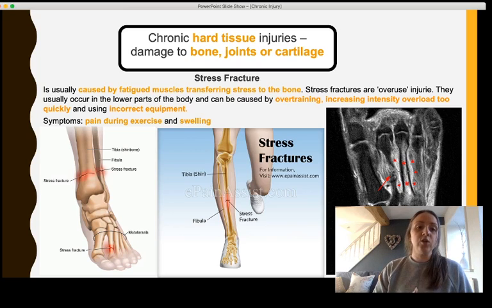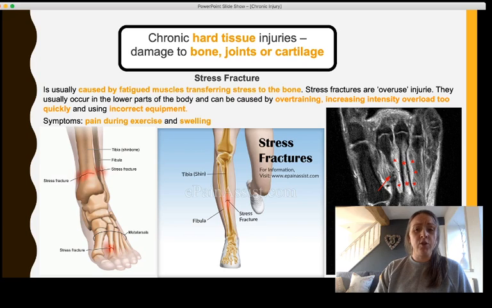They're usually caused by fatiguing muscles that transfer the stress onto the bone, and that comes through overuse and repetitive strain. They usually occur in the lower parts of the body because these are the parts of the body that are receiving the stress, caused by overtraining, increasing intensity too quickly, and using incorrect equipment such as wearing incorrect training shoes.